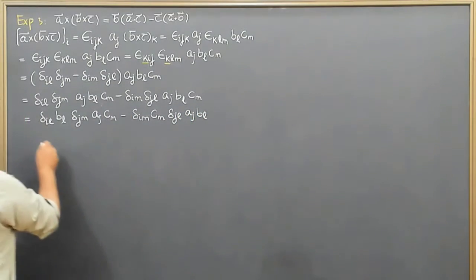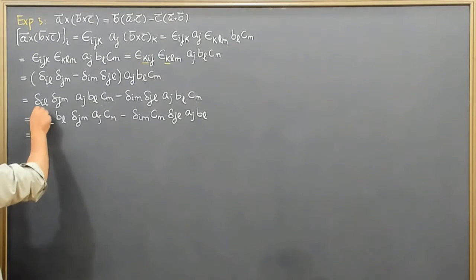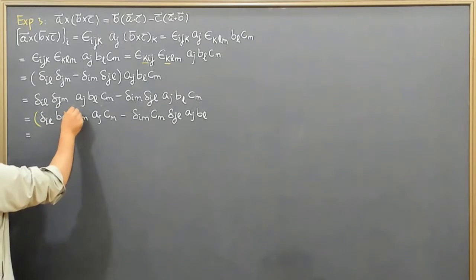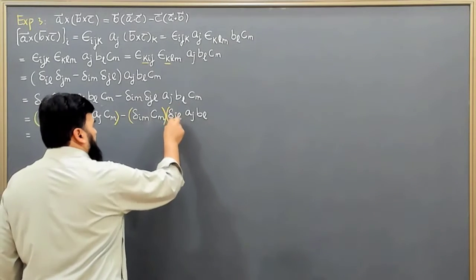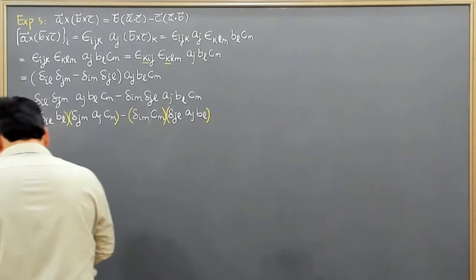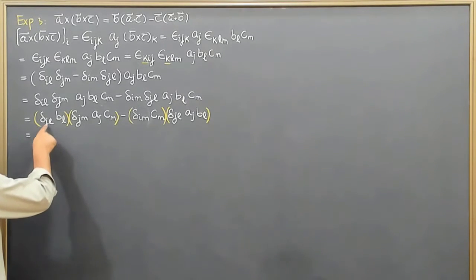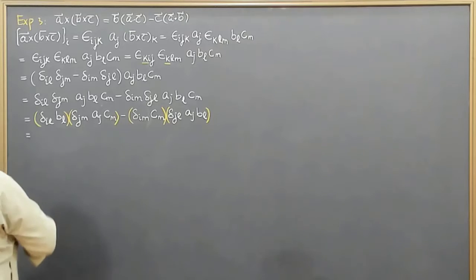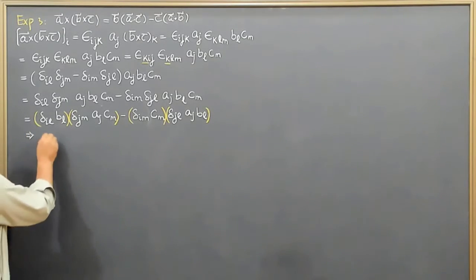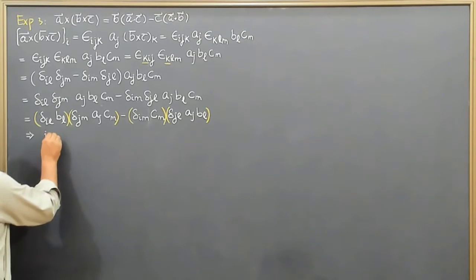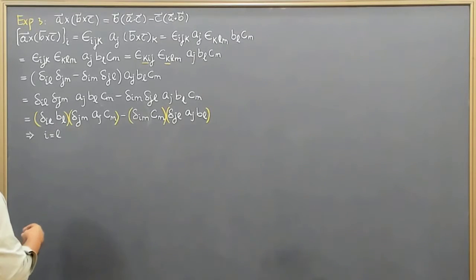Now I can write this in brackets, and similarly this one here. Now about this one, let me say that i and l are the same. Let's do some supposition here and say that i is equal to l, or l equal to i, we can do both.